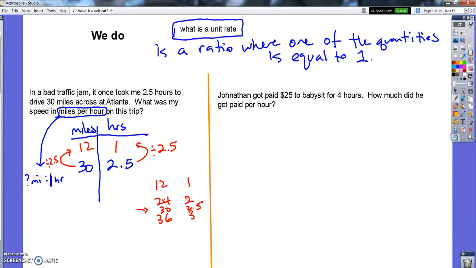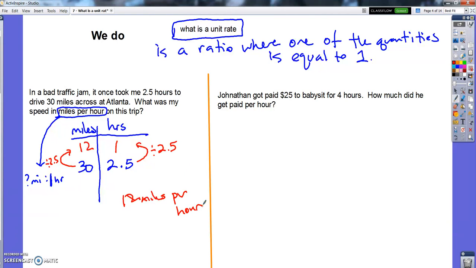So I drove 12 miles per hour. 12 miles each hour was my unit rate. 12 miles per hour. That's it.